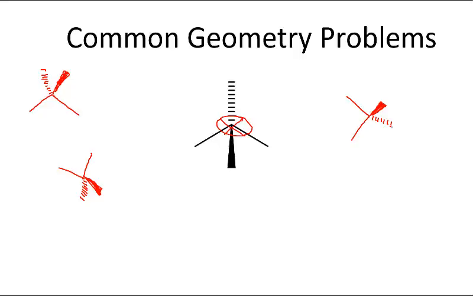Do the wedges and the dashes have to be on the same side? What do you mean on the same side? The wedge and the dash should not be across from each other like this.